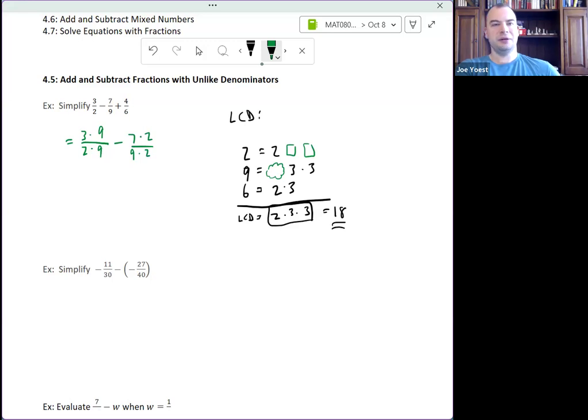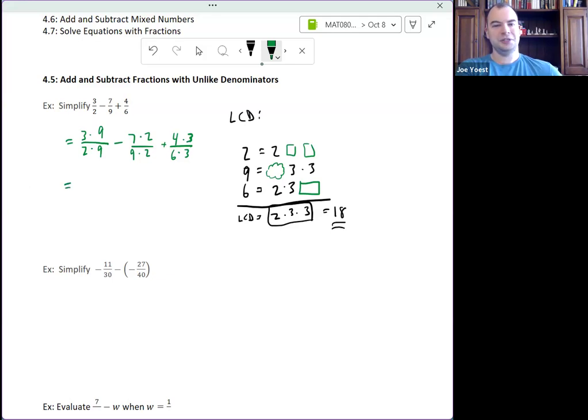Multiply it on the bottom, but I need to multiply the top by the same number. And then again, I have a 6. What do I need to multiply it by to make 18? It's missing a 3. Multiply it on the bottom. 6 times 3 is 18. But I better multiply by that on the top as well.